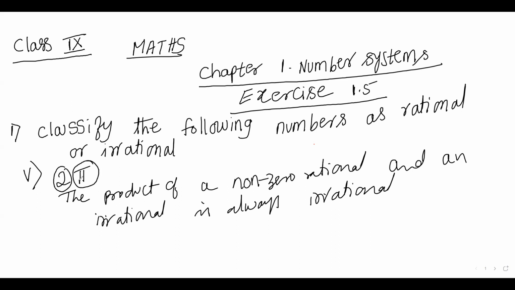Product of a non-zero rational and irrational is always irrational. So 2 pi, the given number, is an irrational number.